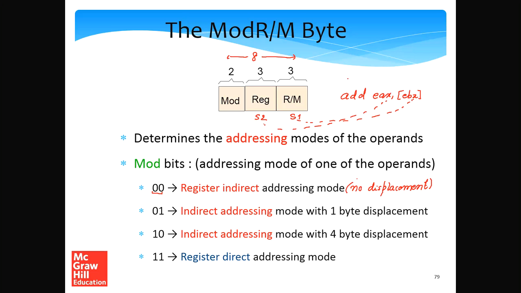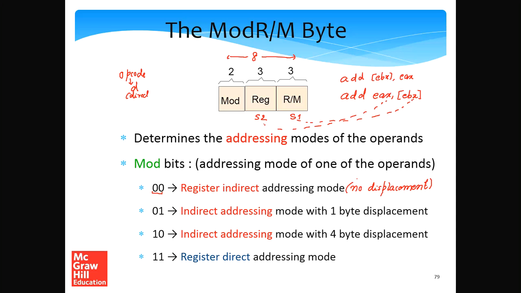Recall that we can have two kinds of instructions. Both of them will have the same ModR/M byte, but there will be one additional field in the opcode, called the D field or the direction field.